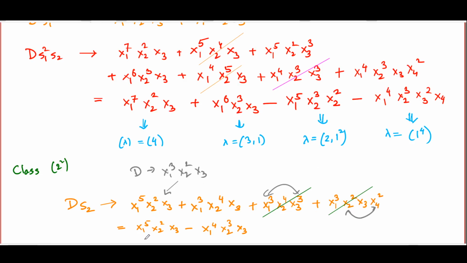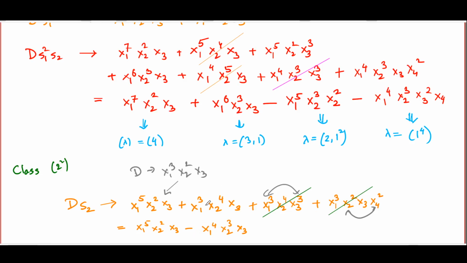So finally we end up with ds2 in this form. The standard form with descending powers will be 5, 2, 1 with the coefficient 1 and all the corresponding antisymmetrized terms. And this one has to be put in the descending order 4, 3, 1 with one switch, and that's why you have a minus sign here.